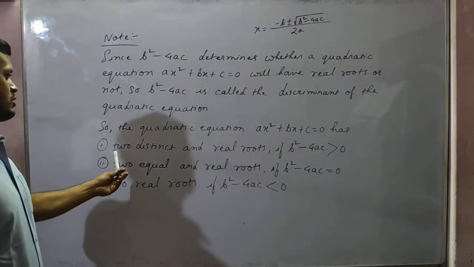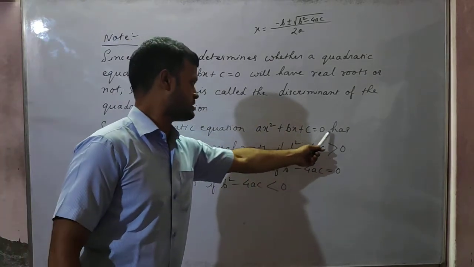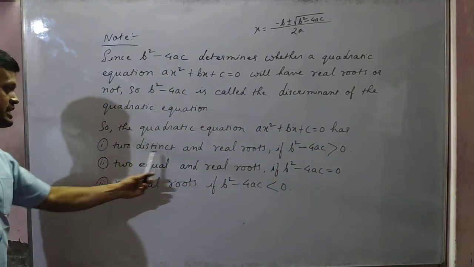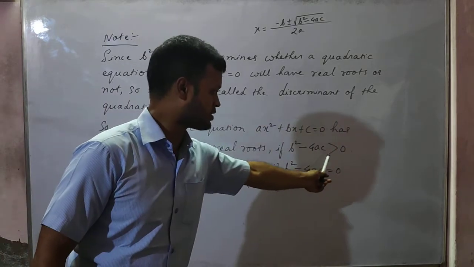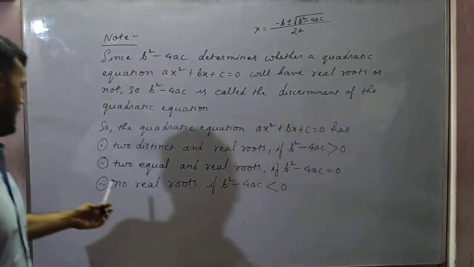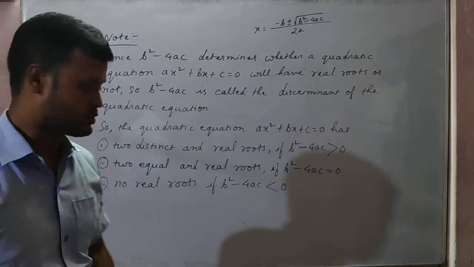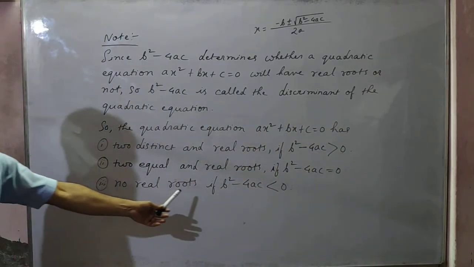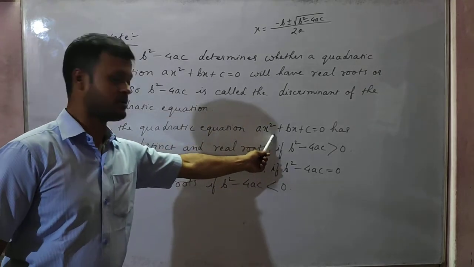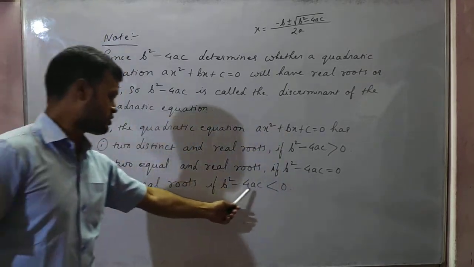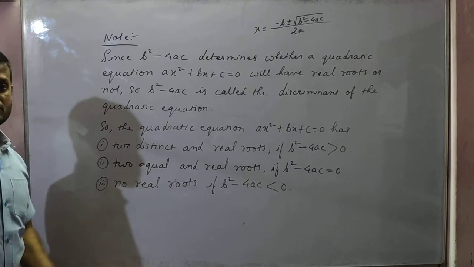So the quadratic equation ax square plus bx plus c is equal to 0 has two distinct and real roots if b square minus 4ac is greater than 0, two equal and real roots if b square minus 4ac is equal to 0, and no real roots if b square minus 4ac is less than 0.